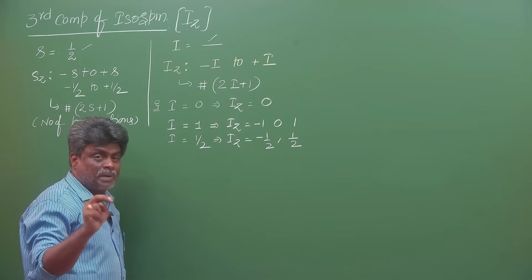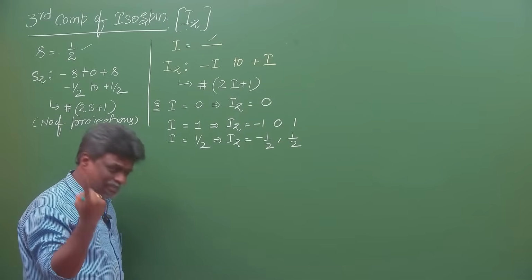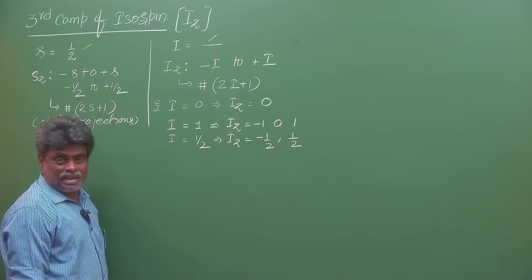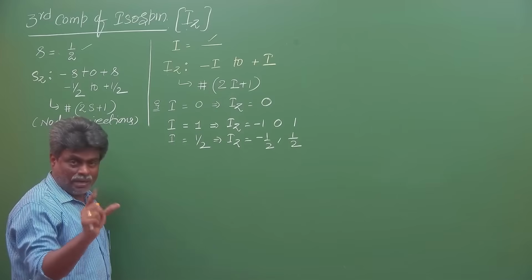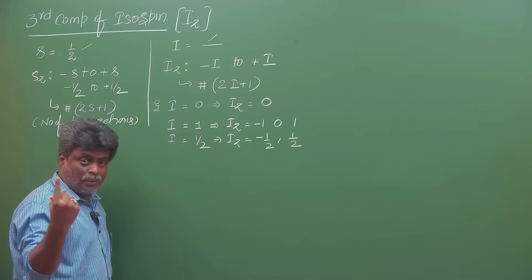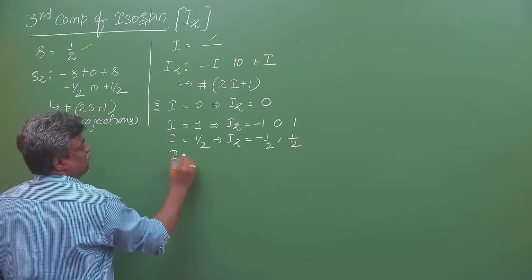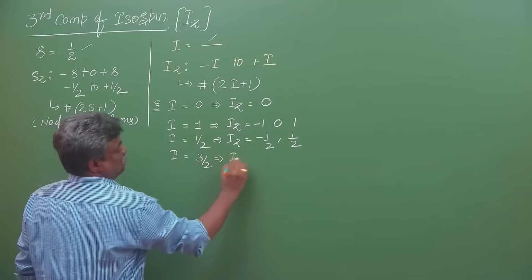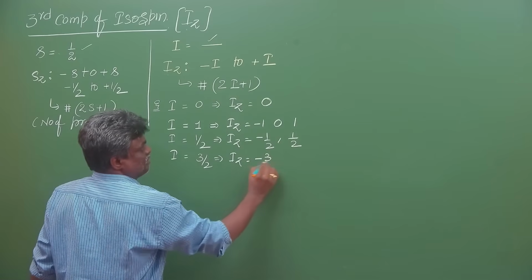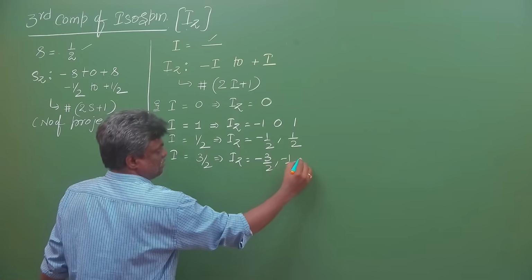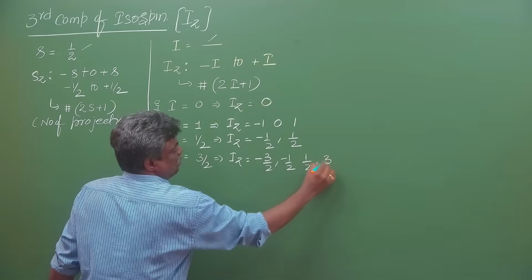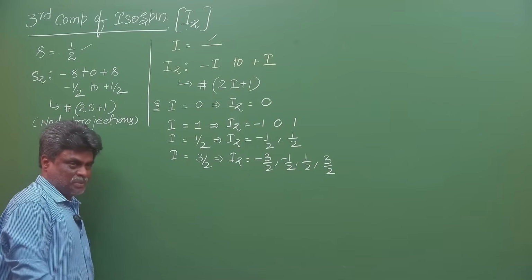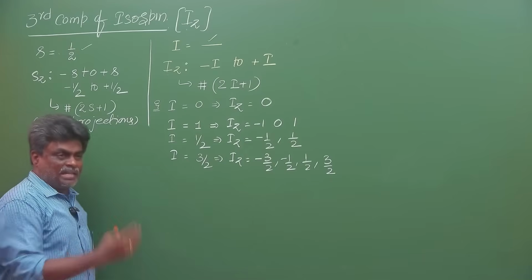Always quantum number is increased by 1 unit. You should not increase any other quantum number, increased by 1 unit, everything. Next, if I is equal to 3 by 2, very few people are saying, addition plus 1 plus 1 plus 1. If I equal to 3 by 2, IZ?